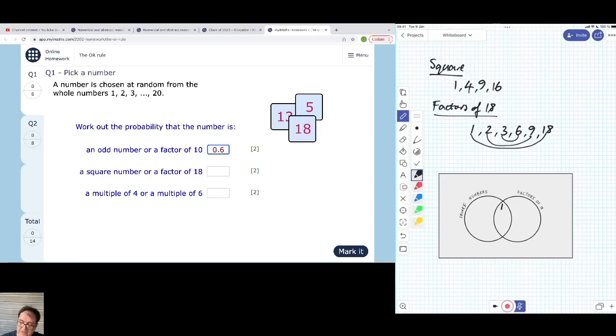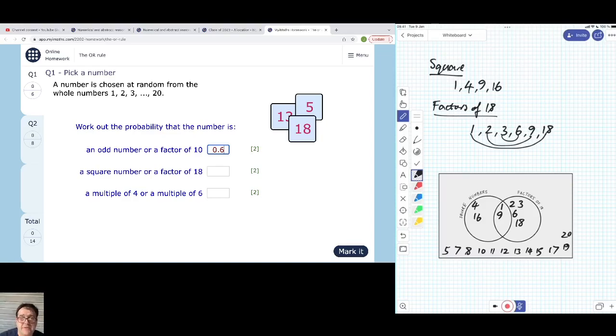So 1 goes in the middle because it's a square number and also a factor of 18. 2 is just a factor of 18. 3 is just a factor of 18. 4 is just a square number. 5 is neither. 6 is just a factor of 18. 7 is neither. 8 is neither. 9 is both. 10 is neither. 11 is neither. 12 is neither. 13, 14 and 15 are neither. 16 is just a square number. 17 is neither. 18 is just a factor of 18. And then 19 and 20 are neither.